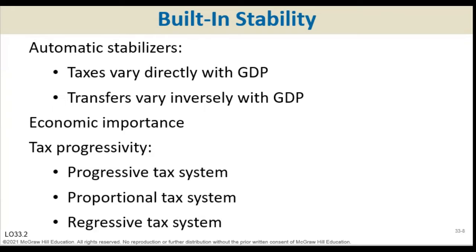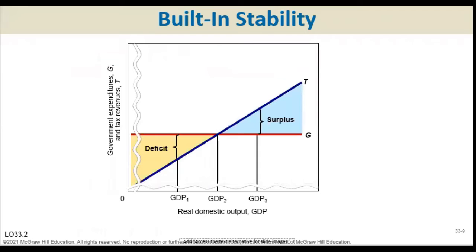But one thing to keep in mind here: tax revenues will rise with GDP under progressive and proportional tax systems, and they may fall, rise, or stay the same under a regressive tax system. So this figure illustrates built-in stability.